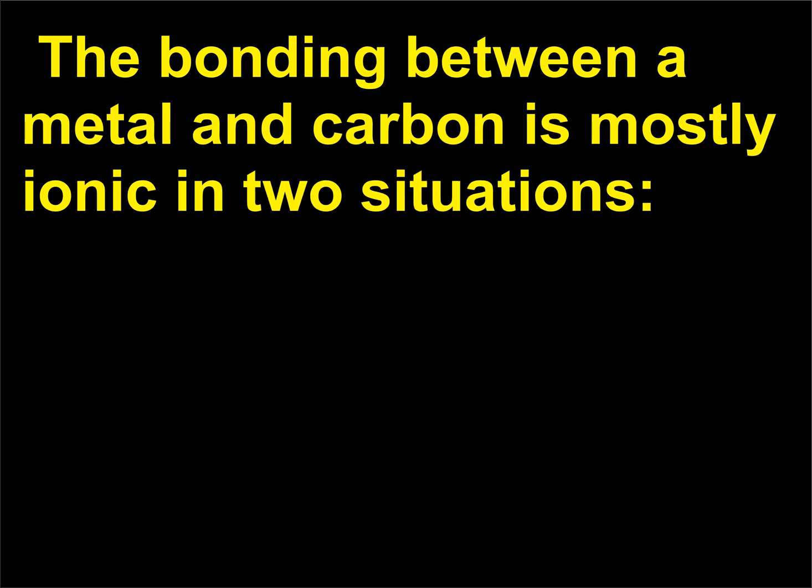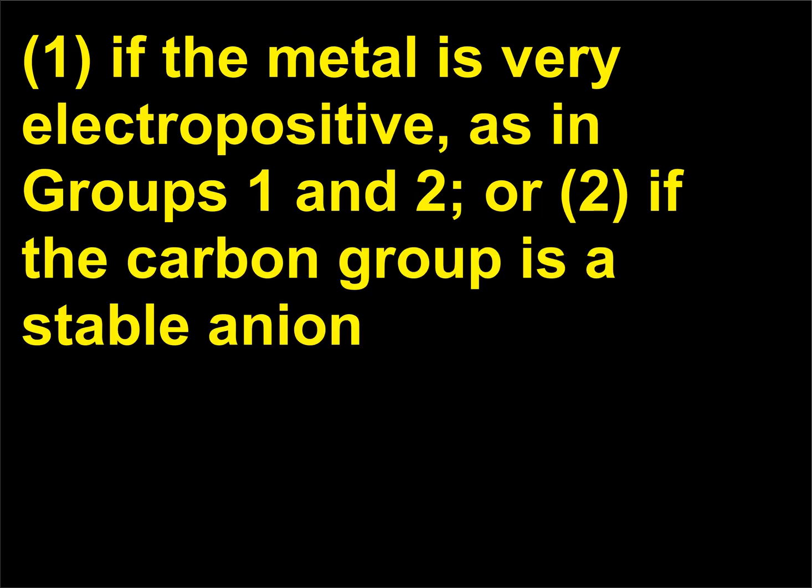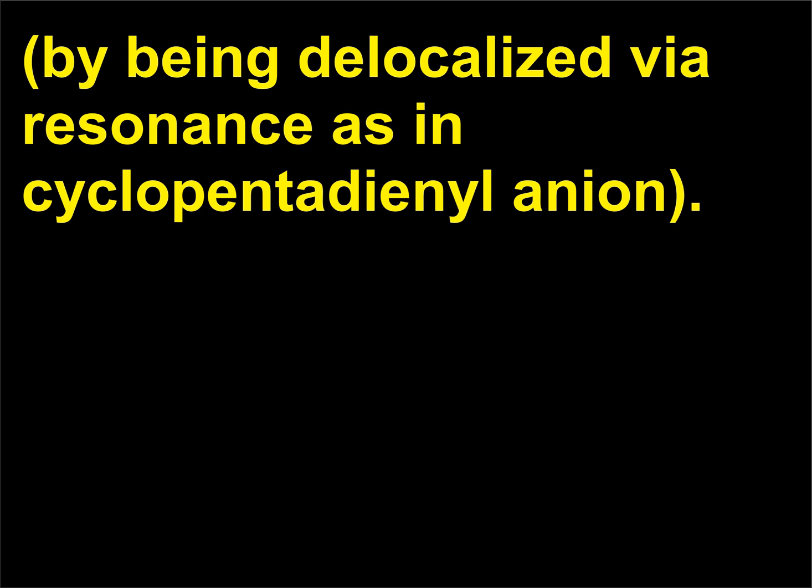The bonding between a metal and carbon is mostly ionic in two situations: 1. If the metal is very electropositive, as in groups 1 and 2, or 2. If the carbon group is a stable anion, by being delocalized via resonance as in cyclopentadienyl anion.